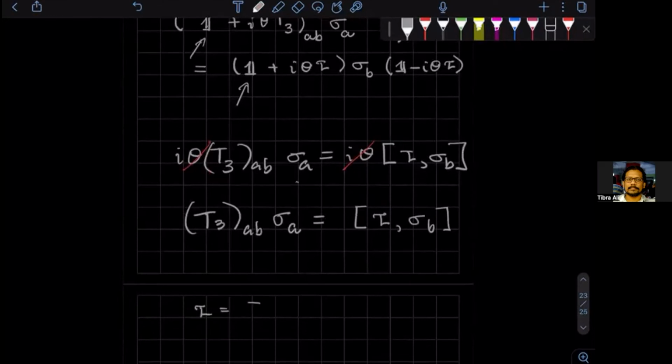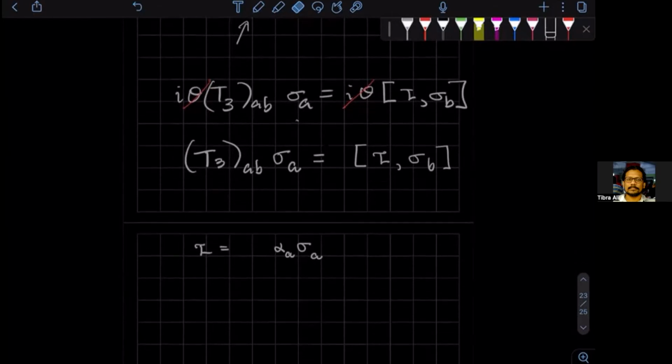Tau will be some linear combination of the sigma matrices, because that's the most general generator we can have.